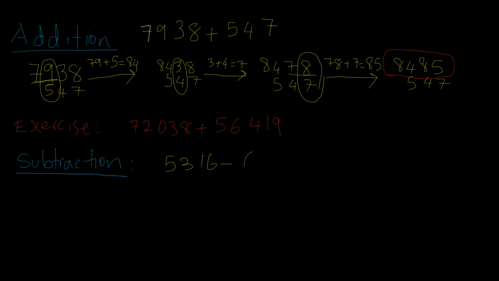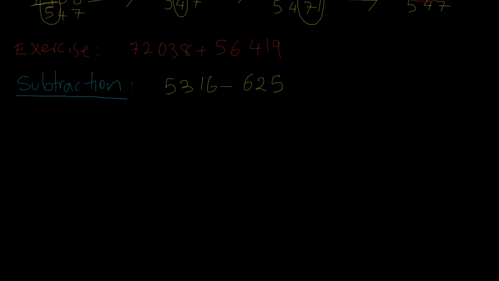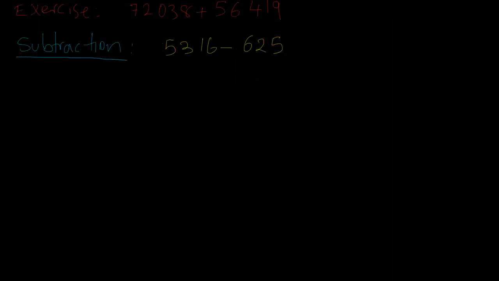Now we place the numbers as we did for addition. We put them in two rows, 5,316 and 625 in the lower row, and they are again aligned from the highest common position, in this case hundreds again.